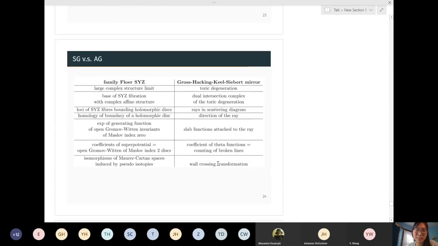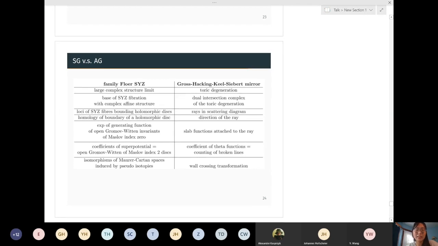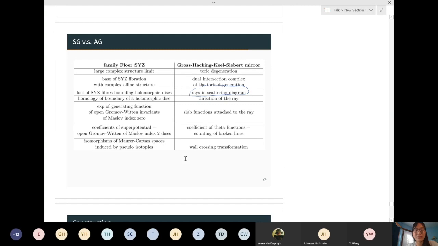This is a very long table and not super precise, but I just want to give you a quick picture. The wall in the scattering diagram, as Yoosik, my friend, would say, is the locus of the SYZ fibration bounding holomorphic disks. Then we have the slab function, the wall function here, which comes from Gromov–Witten counting.